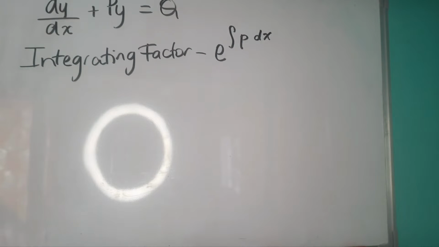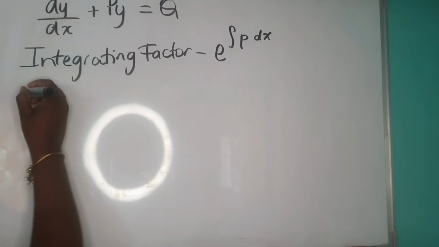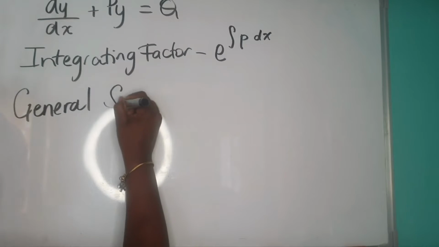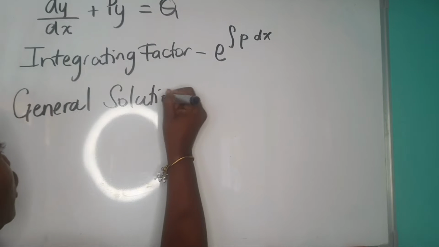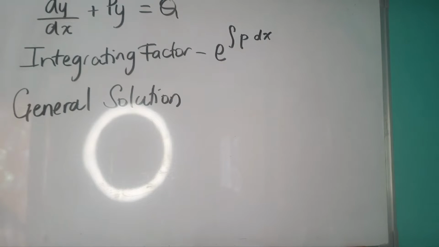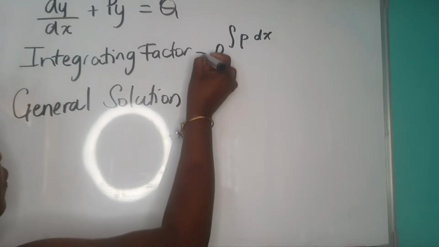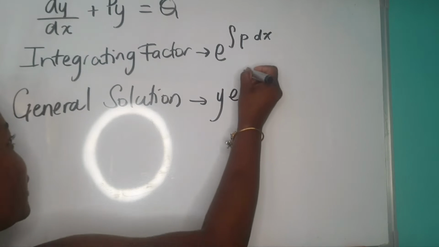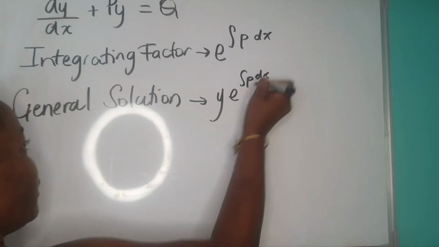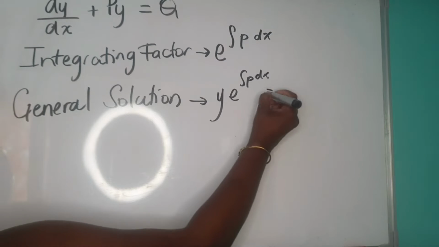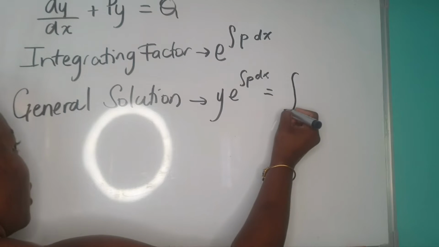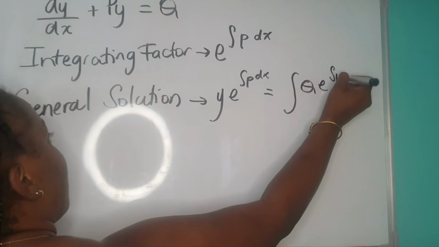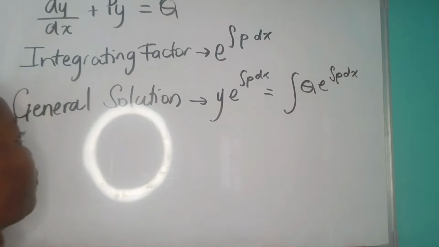Now, after we find our integrating factor, we can write our general solution. The general solution will be calculated using the formula y times the integrating factor, which is equal to the integral of q times the integrating factor.